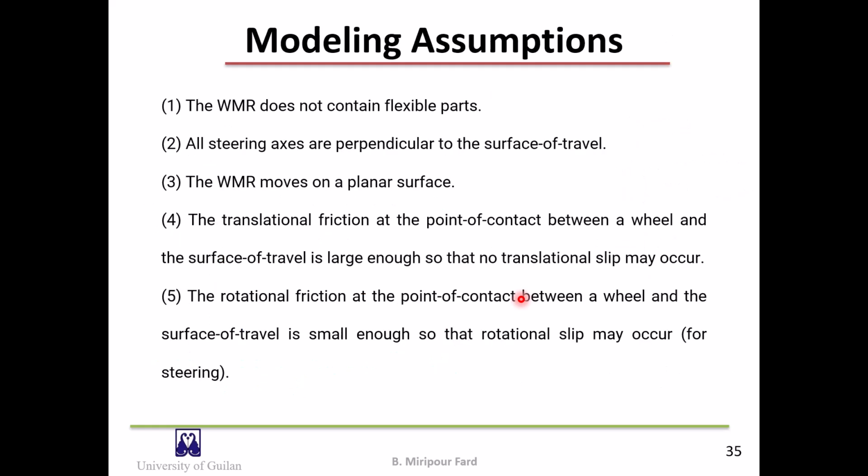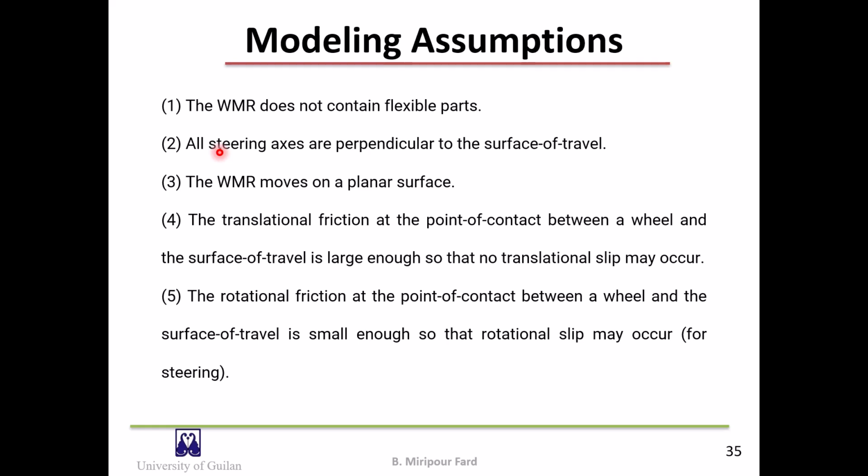In kinematic modeling, some simplifying assumptions are considered. Here are 5 important assumptions. Assumption 1, the wheeled mobile robot does not contain flexible parts. We make this assumption to apply rigid body mechanics to kinematic modeling. Assumption number 2, all steering axes are perpendicular to the surface of travel.